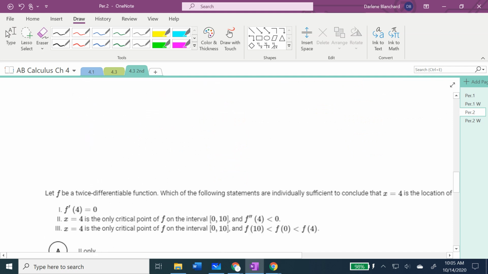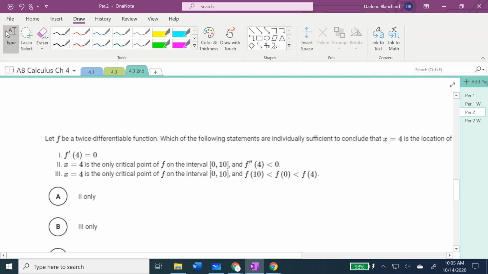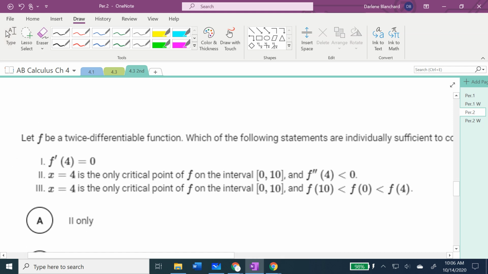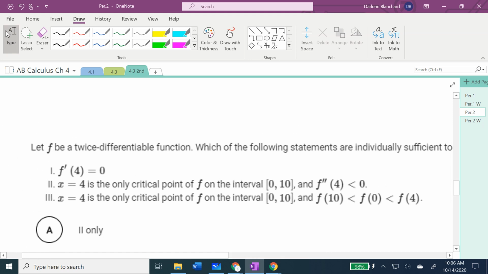All right, I have another one for you. This is combining a little bit of what's on the quiz today and a little bit of what we're learning today. Then I'm going to come back to this picture, but we're going to look at the reading of the problem. This says let f be a twice differentiable function.